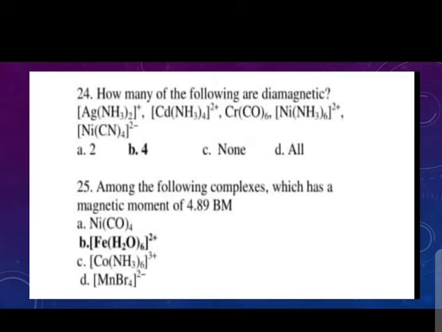Moving to our next question. Among the following complexes, which has a magnetic moment of 4.89 BM? So our options are A. Ni(CO)4, B. [Fe(H2O)6]2+, C. [Co(NH3)6]3+, and D. [MnBr4]2-.